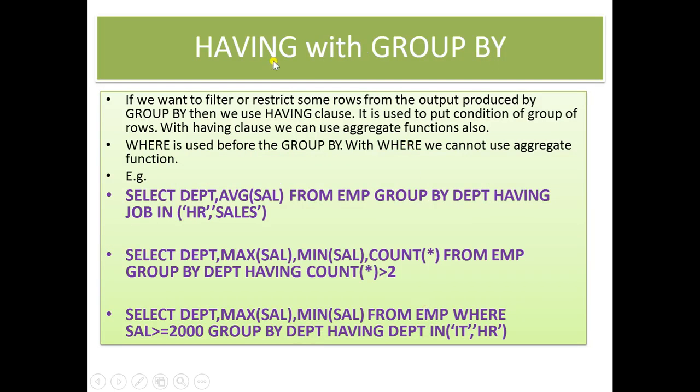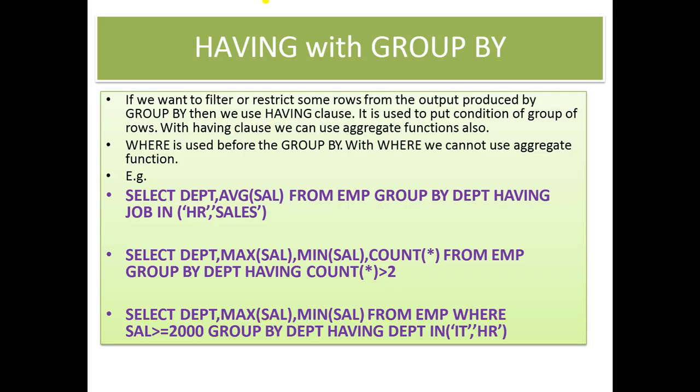Having is always used with group by. If you want to filter or restrict some rows from the output produced by group by, then we use the having clause. It is used to put a condition on groups of rows. With the having clause we can also use aggregate functions. Where is used before group by, and with where we cannot use aggregate functions.